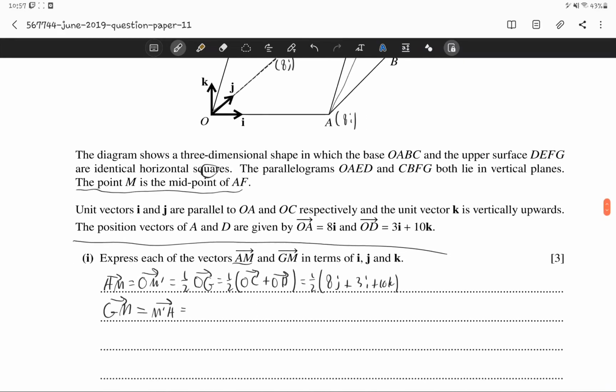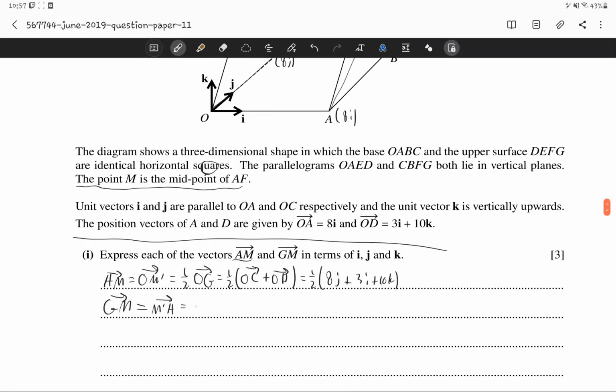And M dash A is the same as M dash O plus OA, right? And so what's OA?